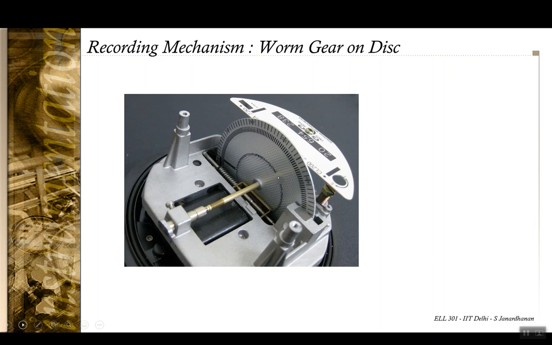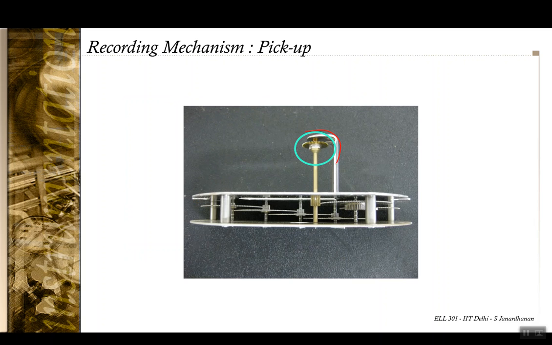Just to complete, we come to the recording of the indicating mechanism. You have this aluminum disc, and this is the spindle of the aluminum disc, and you have a worm gear on it. This worm gear meshes with this gear, which picks up and transfers the rotation onto this gear train mechanism.